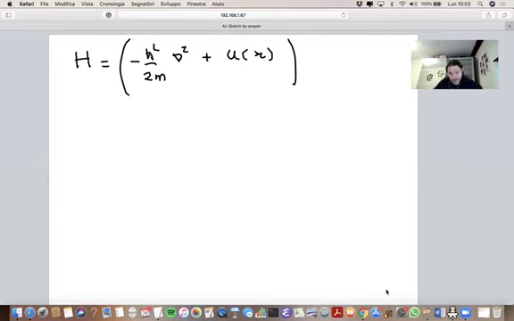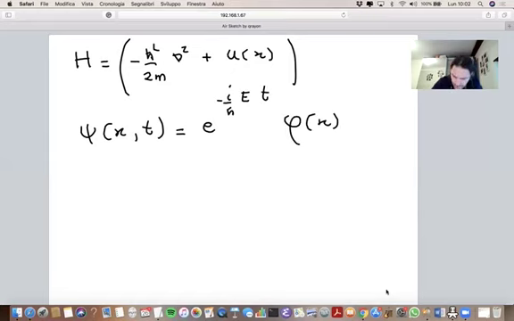Now, if this is the kind of physical system I'm interested in, which again is basically all physical systems I'm interested in ultimately, except for a few particular cases, then let's assume I'm looking for solutions which have this structure. This is called an ansatz.